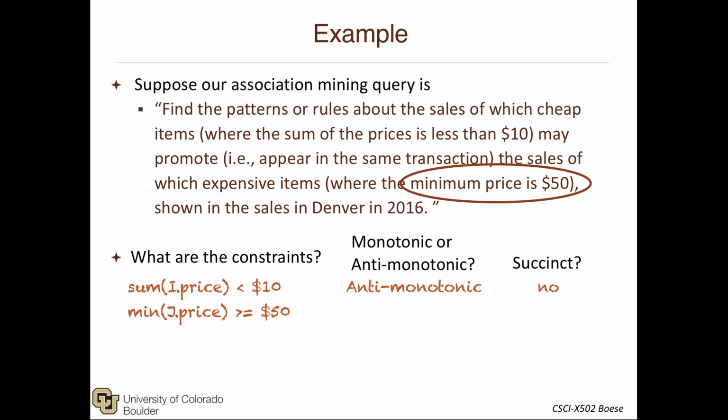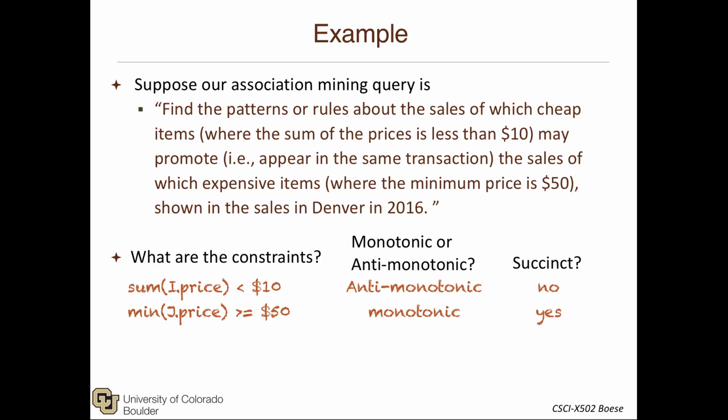And so if we find a minimum value, we're just looking for one that satisfies that constraint. So that would make that a monotonic. And is it succinct? Well, because this is minimum, once we find a subset that meets this constraint, then we're guaranteed that any superset's going to also hold true because we've already met this constraint. So it is succinct.